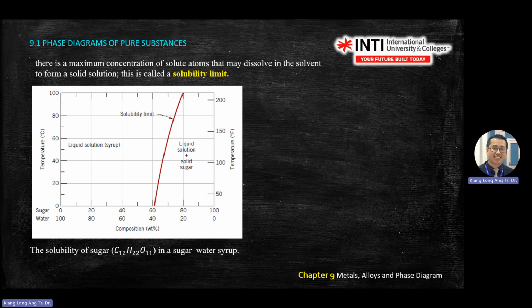At all the temperatures or all the compositions over here, you will be seeing a liquid solution. But on this side, if the point of interest falls on this area here, you will get solid solution and solid sugar. This red line is the solubility limit, meaning the sugar that you have can dissolve into the water.